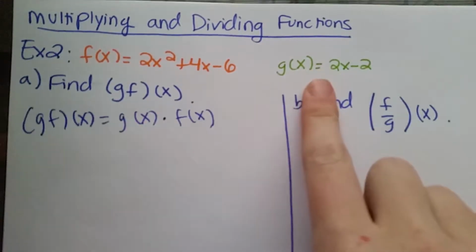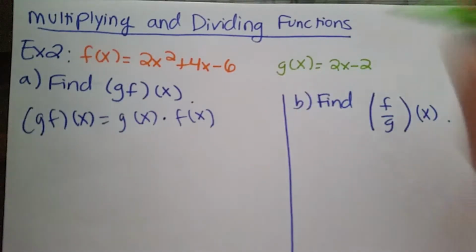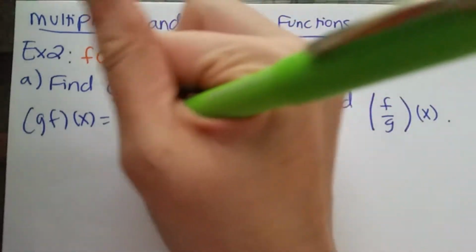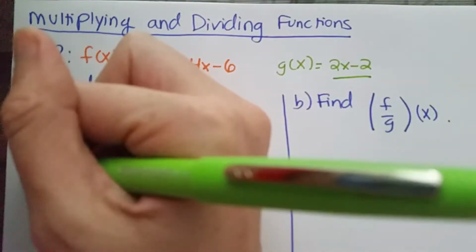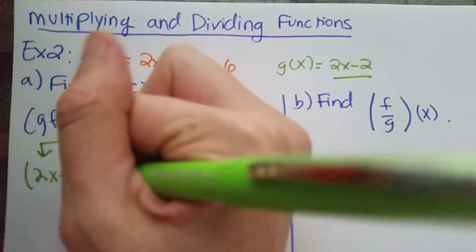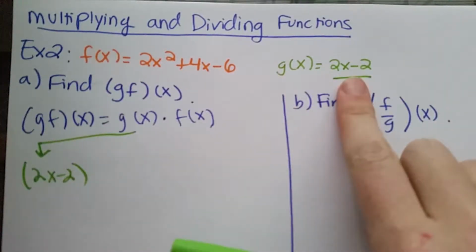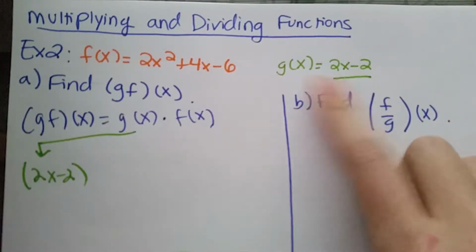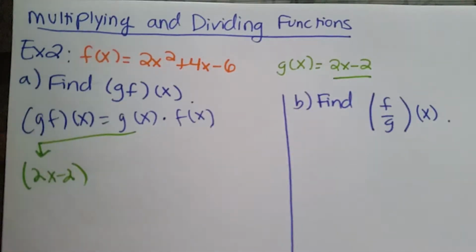So let's start with our g of x, which is 2x minus 2. When I insert these functions, I will be writing them in parentheses, because when we have polynomials with more than one term, it's much easier to multiply them when we place them in parentheses.